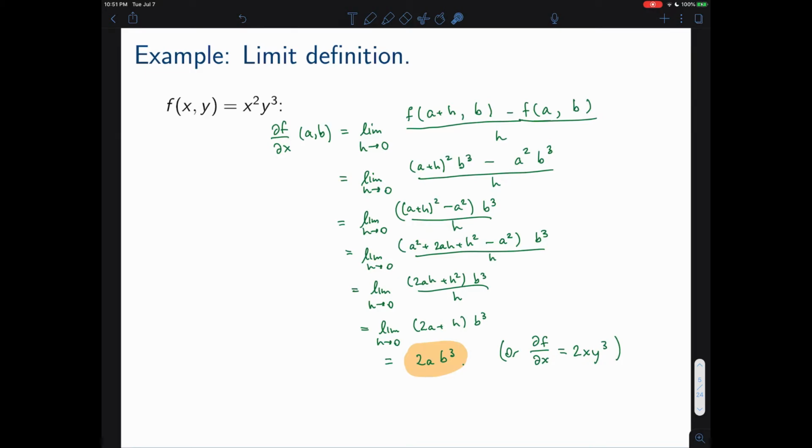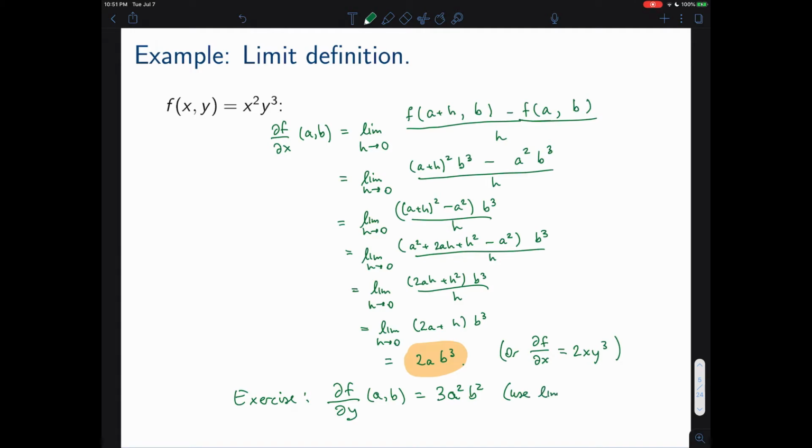Okay, so we'll add some context to this later on, and you'll see how that ties in with the power rule. It's no coincidence that the derivative of x squared is 2x. So we'll see more about that later on. I won't go through it in these slides, but if you find the partial derivative of f with respect to y instead of x, you should get 3a squared b squared.